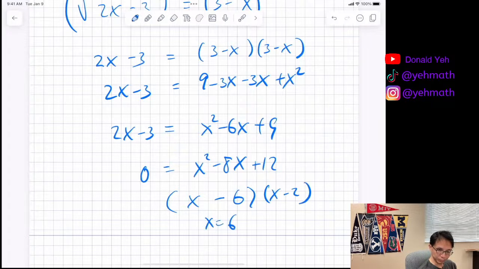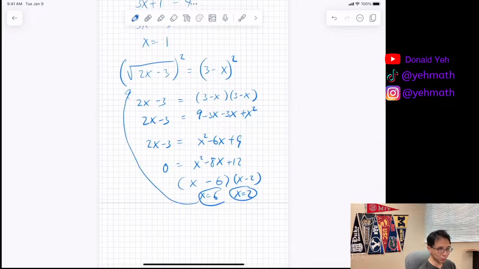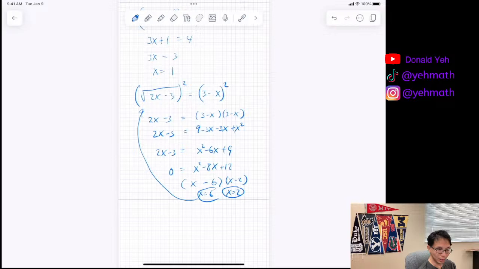Bring all. Now, I'm not done yet. You got 6 and 2. I was thinking 6 and 2. Double check, because sometimes it can cause extraneous solutions in a radical equation. So that's going to be 2 times 6 minus 3 equal to 3 minus 6.